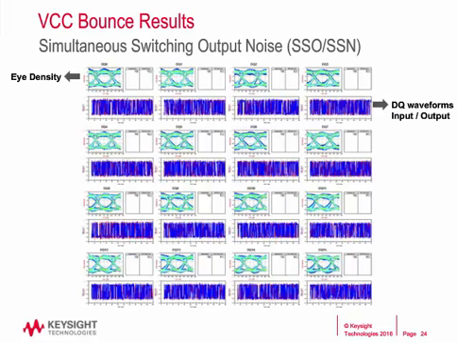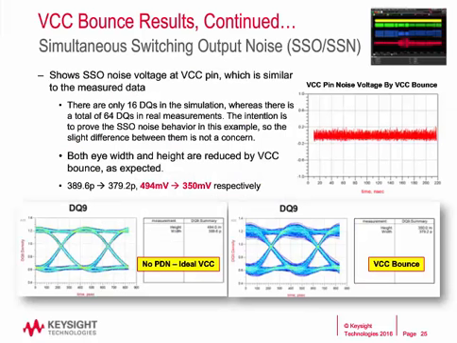Looking into the DQ9 detailed data among the other 15 channels, now we can find a significant change to the eye height, almost 150 millivolts closure. This is due to the amplitude noise caused by the VCC bounce, which is seen at the VCC pin of the FPGA and has a similar shape as seen in the measured data.